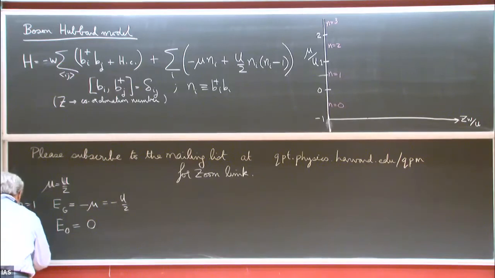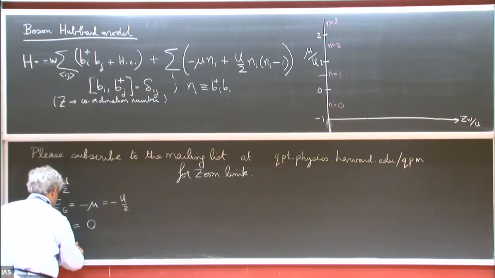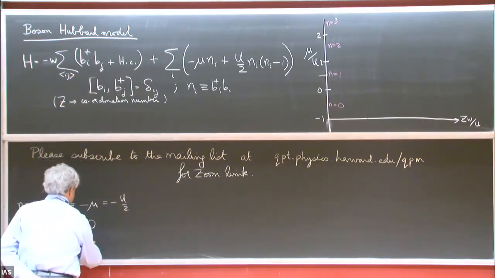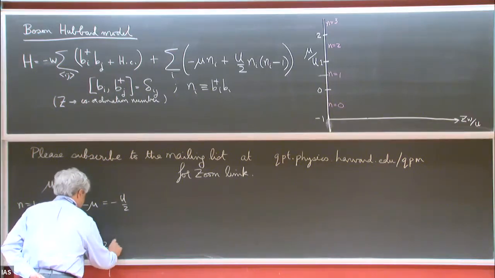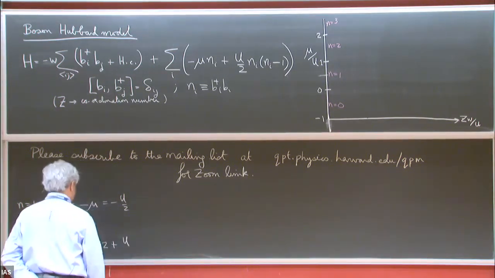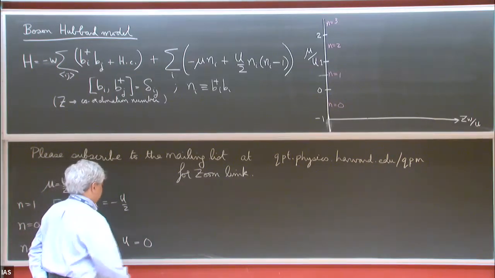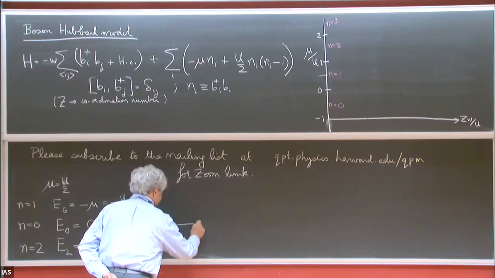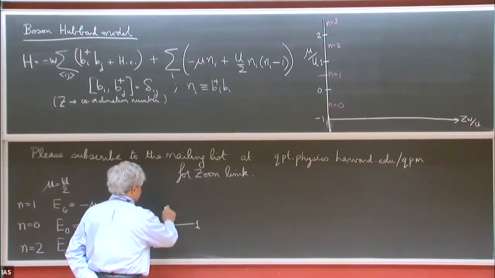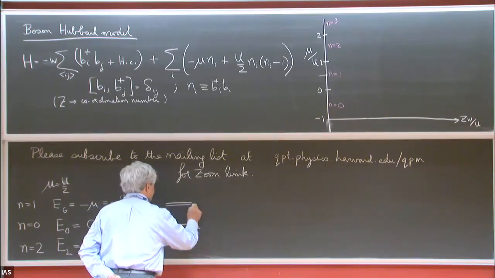And then you could have n equals 2 and 3 and 4, but the others will have much higher energy. And E sub 2 will be minus U over 2 times 2 plus U, which is also 0. So if I look at the energy level diagram, there is a state with 1 particle at the bottom, and there are 2 states which exactly at mu equals 1/2 have energy 0.